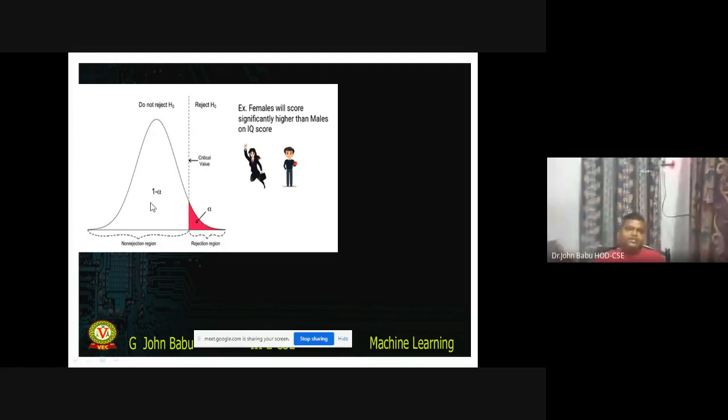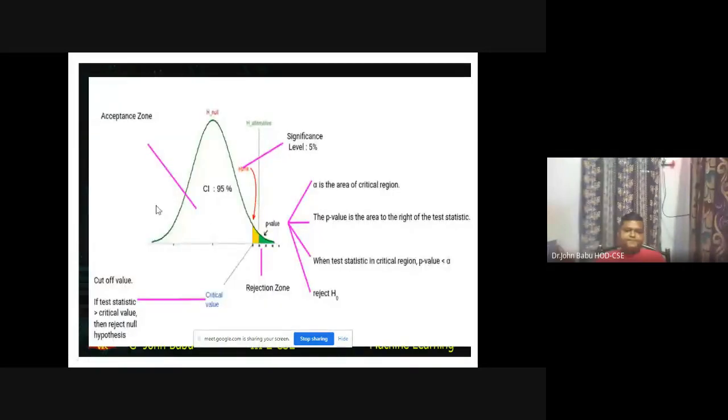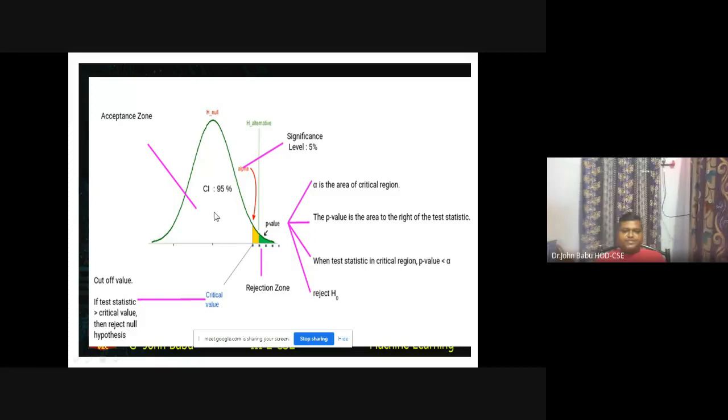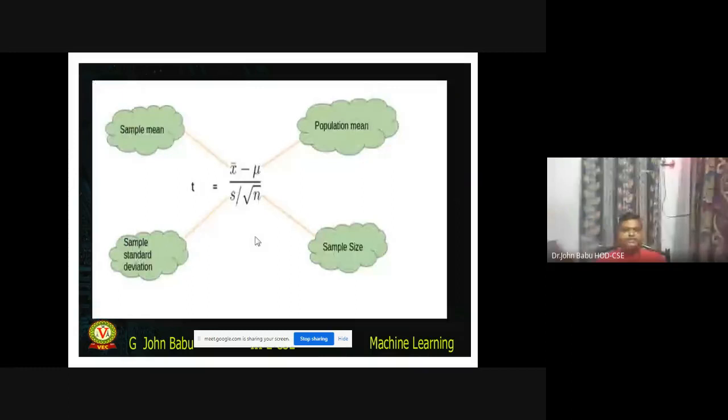This is non-rejection. So this is the confidence interval. This is the alpha. Alpha means rejection zone. So tomorrow we'll see what is t and the t-test, and we'll finish this chapter.